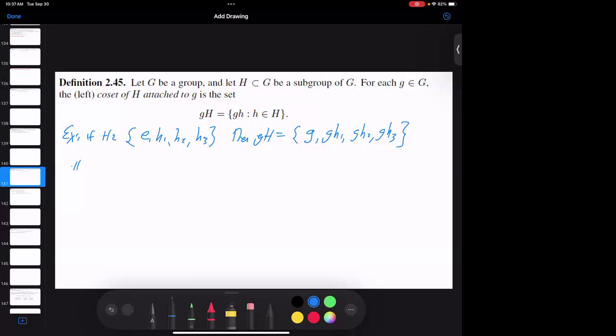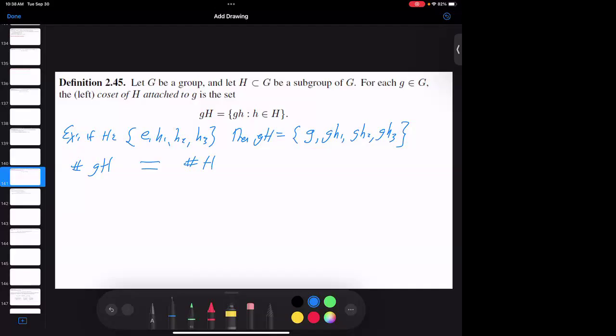So what can you tell me about the number of elements in gH versus the number of elements in H? What relation do I have? So what should be true about the size of gH and the size of H? It's the same. Do you think that there's going to be a group homomorphism between gH and H?